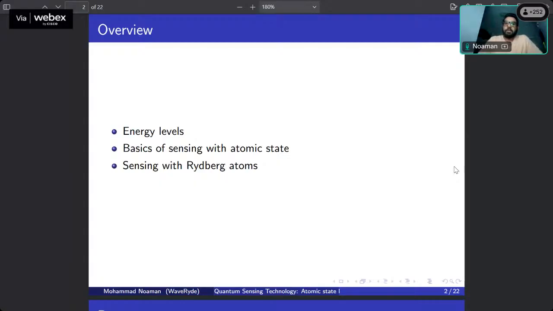Then the next part is going to be sensing with Rydberg atoms, where I will describe what Rydberg atoms are and show some examples of work.